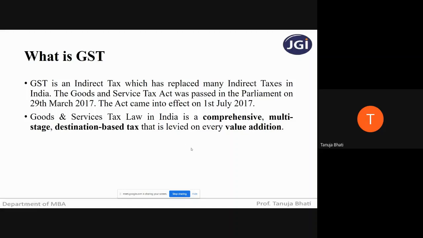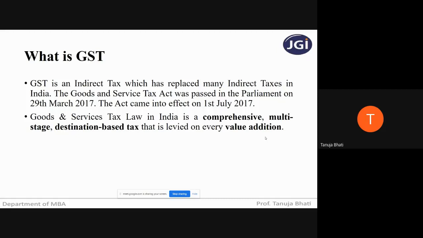That is why it is called on every value addition. Obviously, the manufacturer will purchase raw materials and will manufacture a product. So the raw material has some value added to it, which converts it into a product. So on that value addition, GST has been charged.